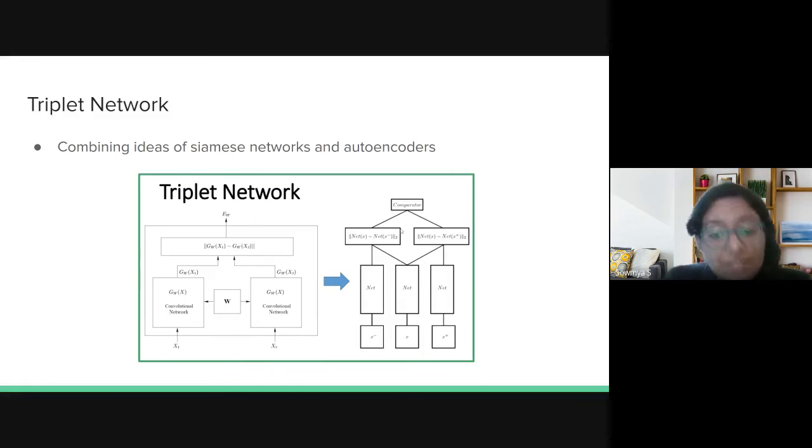Then we have two sets of distances where we want to keep this low and this high. Also, we have another distance on top of this which compares these two distances. And again, you want to put them as far apart as possible. In a CMAs network, what we would have had is simply the distance between this and this. We would have had it either between these two, or between these two, or these two.